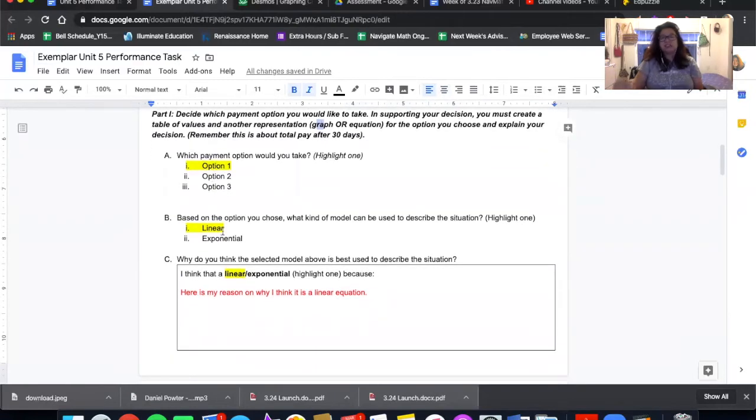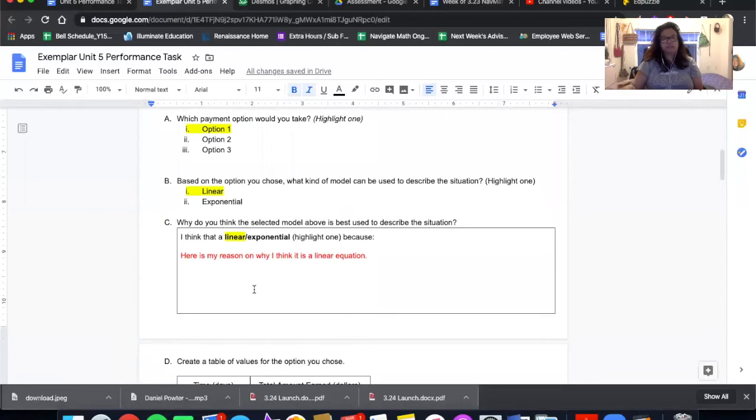Again, this is not necessarily the correct answer to your project. This is based on made up numbers. Then you notice that I highlighted the answer down here, and I'm going to type in here the reason why I think it's a linear equation. So I think that it's linear.